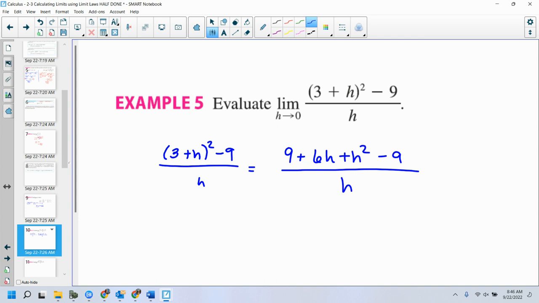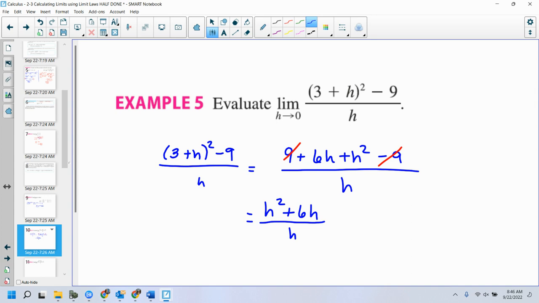Now, the nice thing about this here is that some things are going to cancel. Well, not some things, just something. Those 9s are going to cancel, leaving us with an h squared, I'll put it in standard form, over 6h, all divided by h. And what can happen with my h now? That can cancel as well, right?